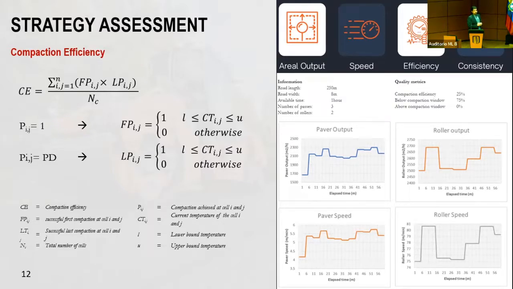So we defined this index, and then within that simulator, because our infrastructure was also based on rasterized cells of the pavement, it was very easy to predict the potential compaction efficiency for that specific planning.